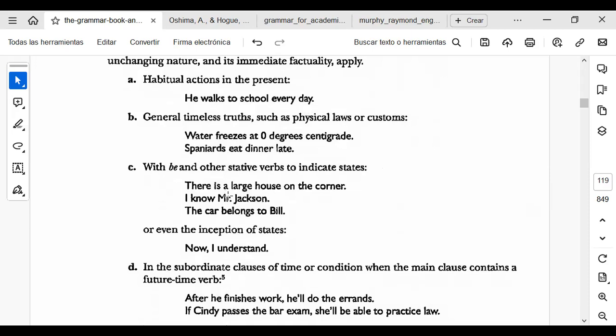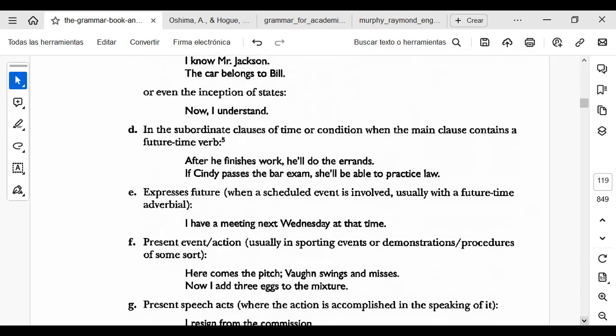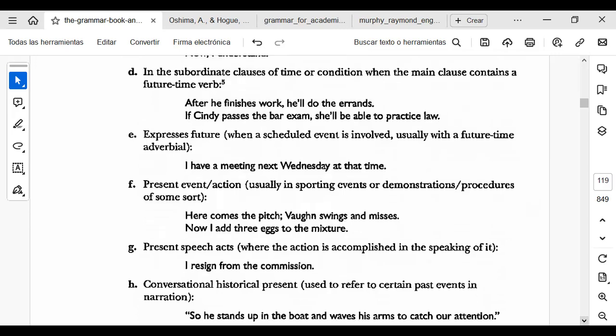With be and other stative verbs to indicate states. Okay. There is a large house on the corner. I know Mr. Jackson. The car belongs to Bill. Or even the section of states. Now I understand. Okay. In the subordinate clauses of time or condition, when the main clause contains a future time verb. For example, after he finishes work, he'll do the errands.